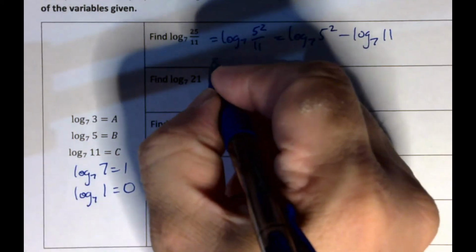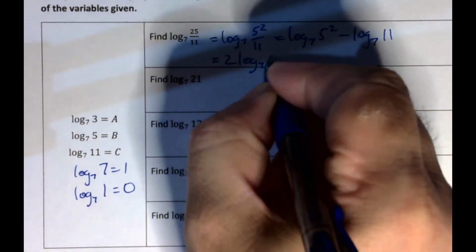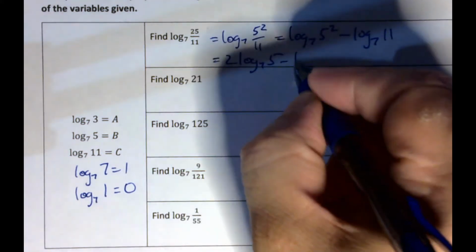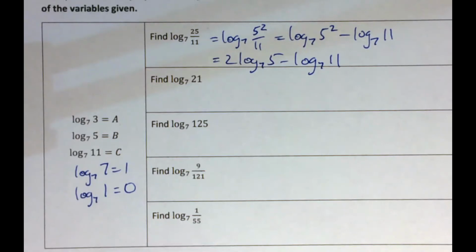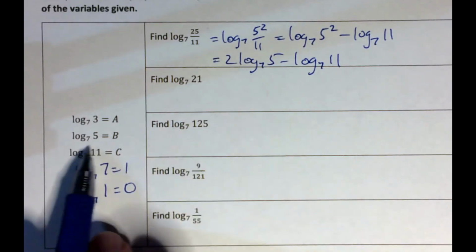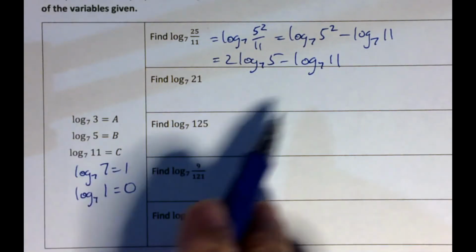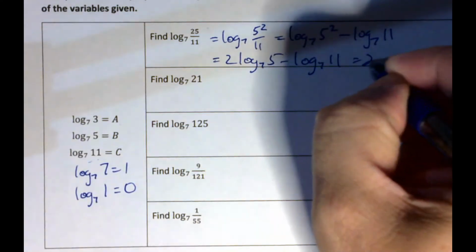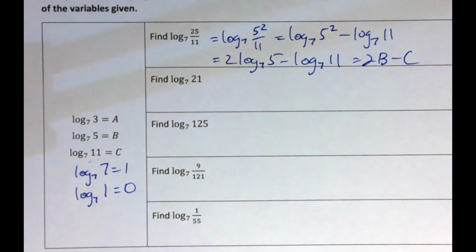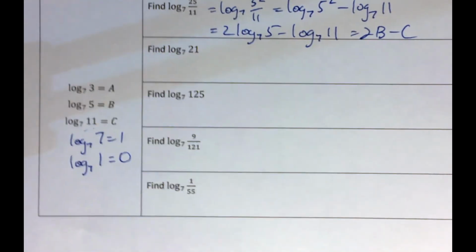So it's going to be 2 log base 7 of 5 minus log base 7 of 11. Log base 7 of 5 is B, and log base 7 of 11 is C. So that's simply 2B minus C. And that's the answer.